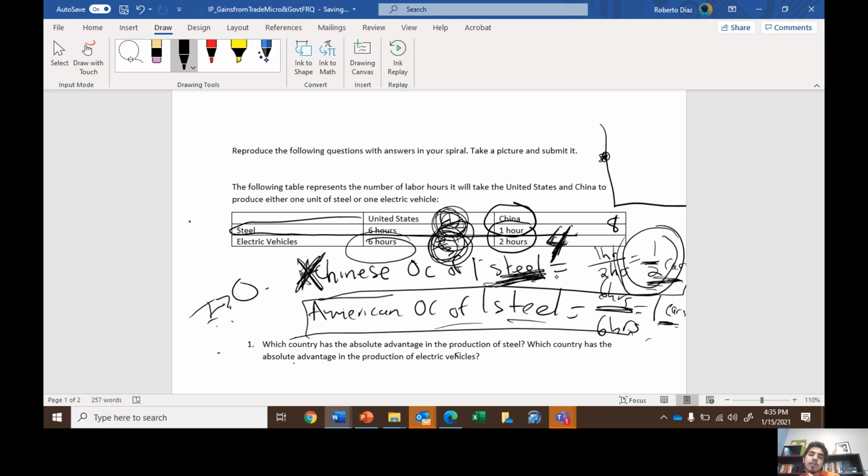We can map out the PPFs, and we would be able to see that if China gave up 1 unit of steel, they can acquire it from the United States at a lower opportunity cost than 1/2. And this is significant because if China alone was producing both goods and services, to get a car, they would need to give up 2 units of steel, right?